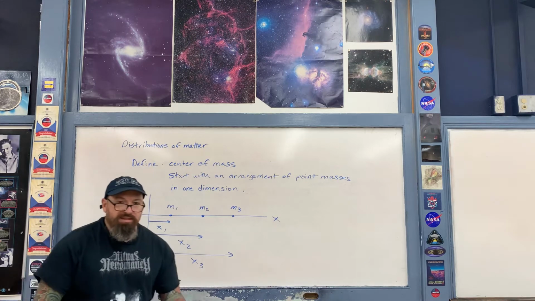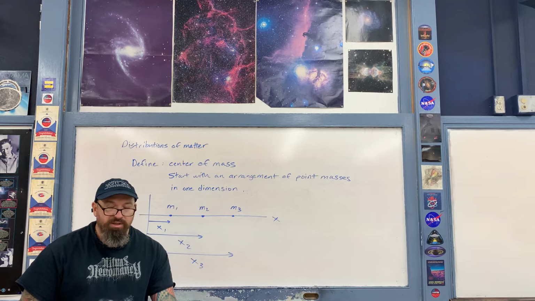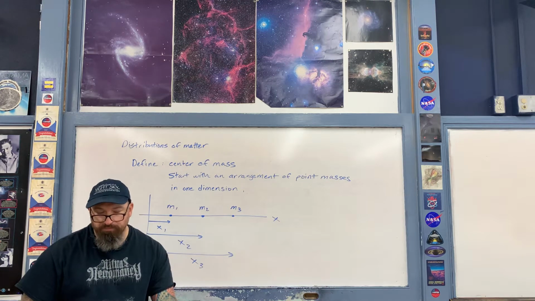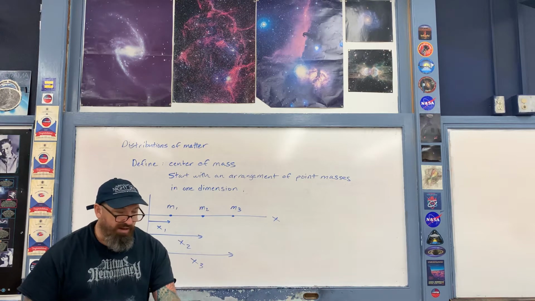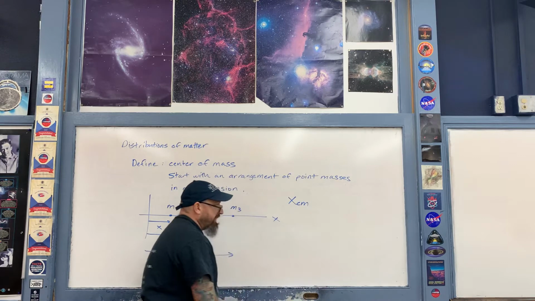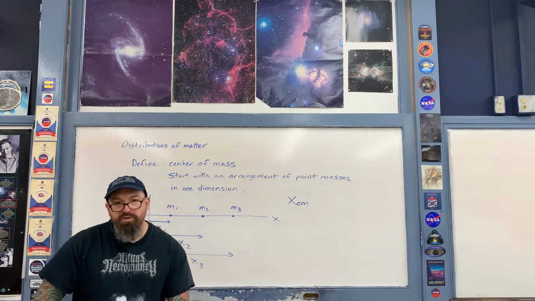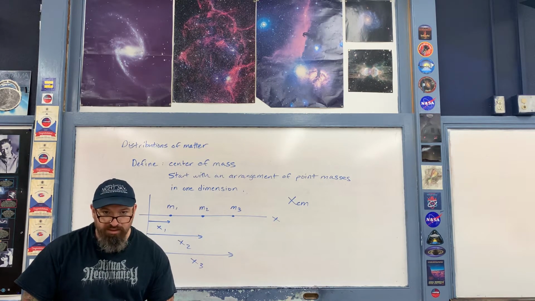Now I'm drawing the masses here as having positive position vectors for simplicity on the diagram, but of course they could be negative as well. Okay, now by definition we calculate the center of mass in the following way. The position of the center of mass, first of all, is referred to as xcm. And then what we do first of all is we take the product of each mass with its position vector and then add all of those products together.